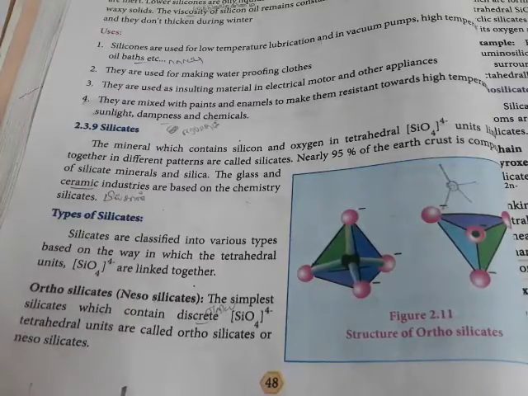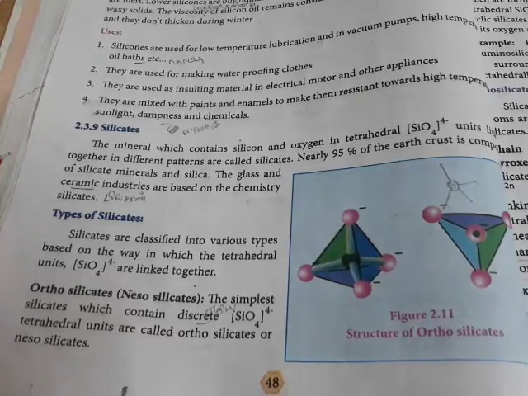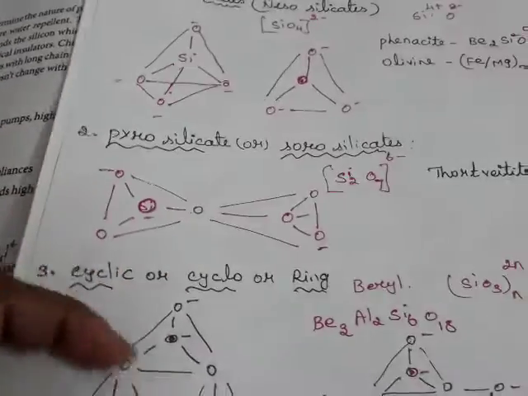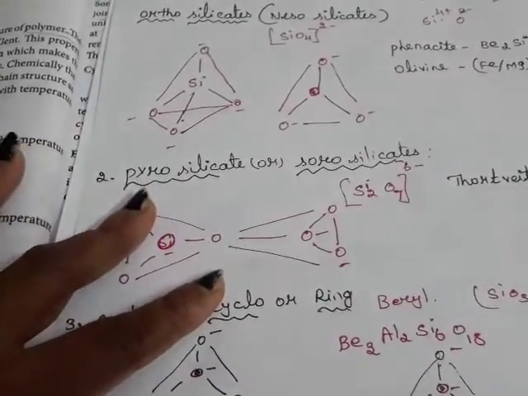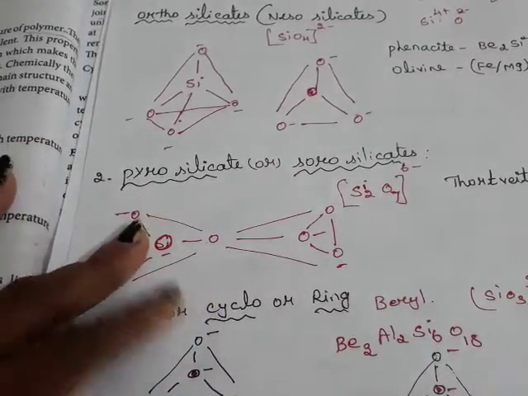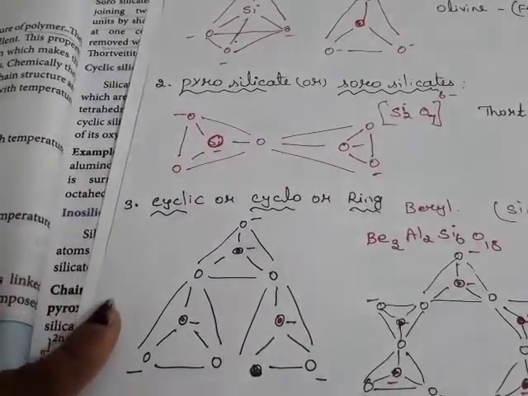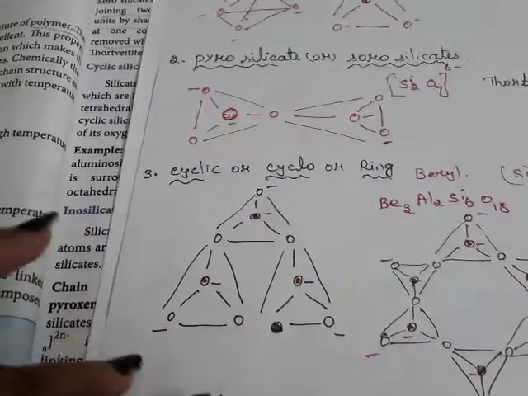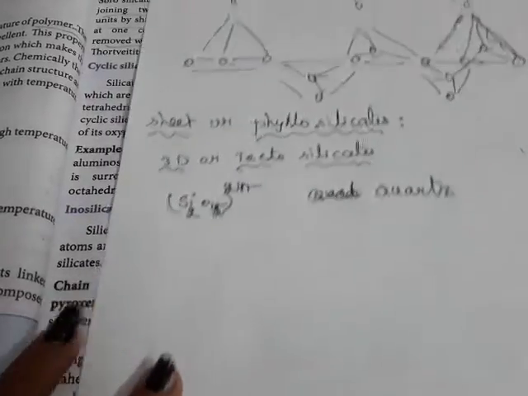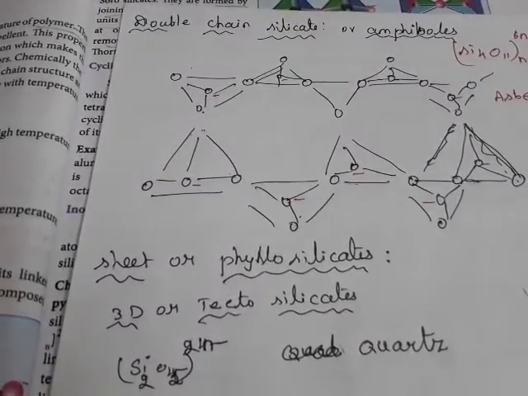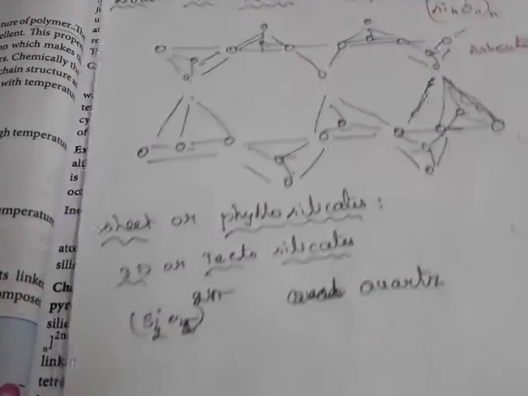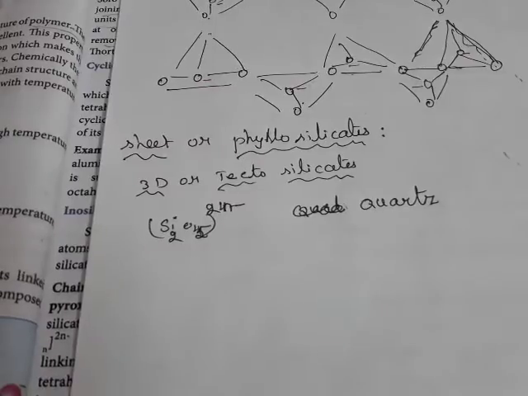The silicates are classified into 7 types: orthosilicates, pyrosilicates, cyclic silicates, inosilicates, then double chain silicates and sheet silicates. These are the types of silicates.